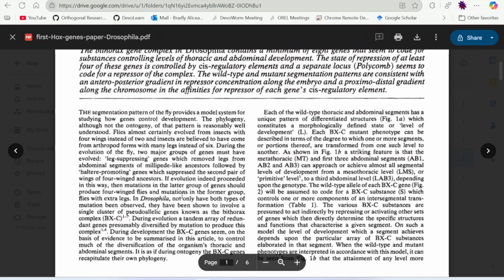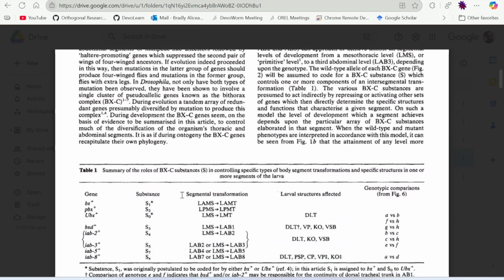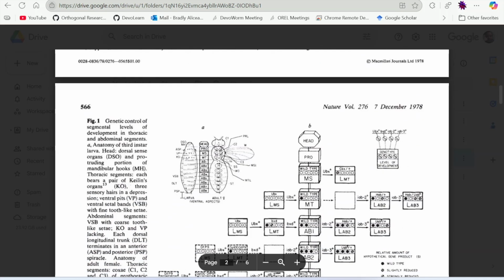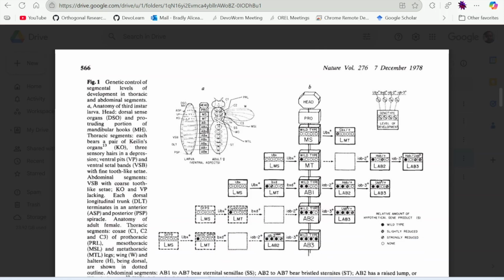So all this is to say that there's this discovery that we have the segmentation in the phenotype, as you can see here. This is controlled by elements of the genotype. We can make the argument that this is shared across taxa, across phylogeny, that it's conserved from a common ancestor.